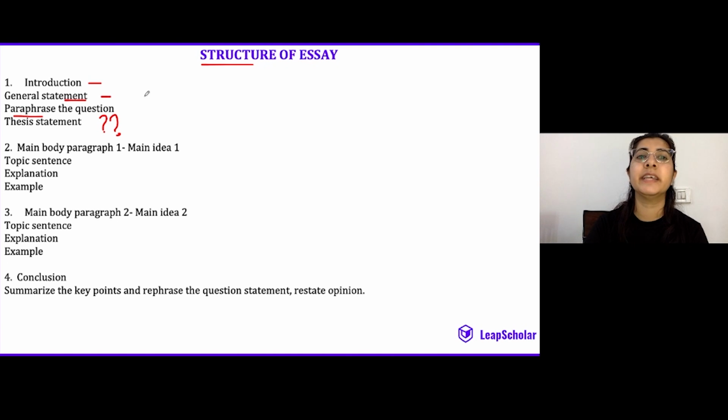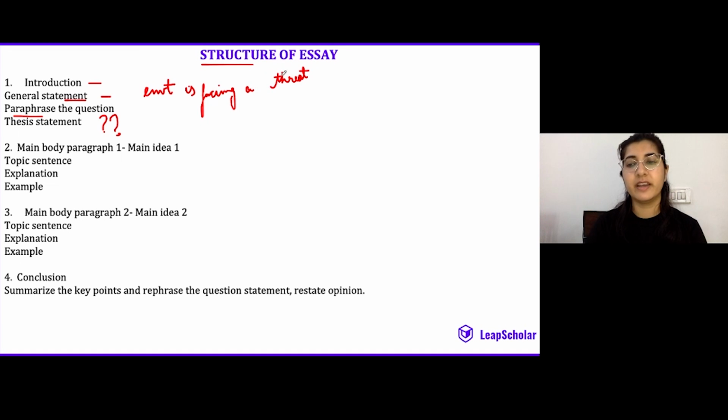So in my rough sheet, I would write just environment. In slang, you can do that because this is your rough sheet. Nobody's going to look at it. I would write environment, facing a threat, so that I don't forget it when I'm actually writing the essay.